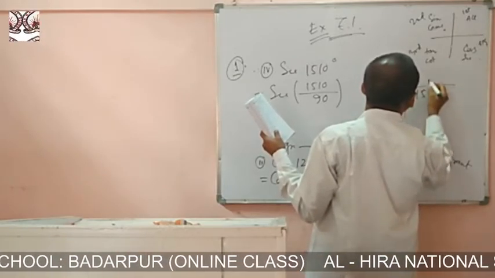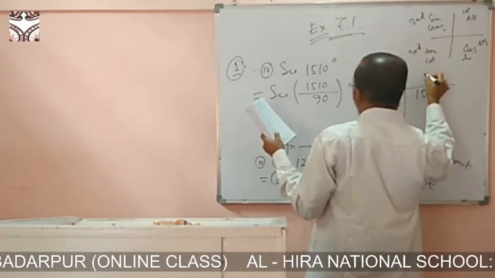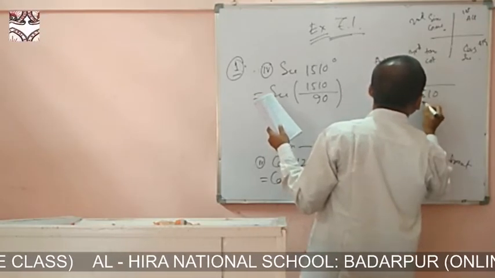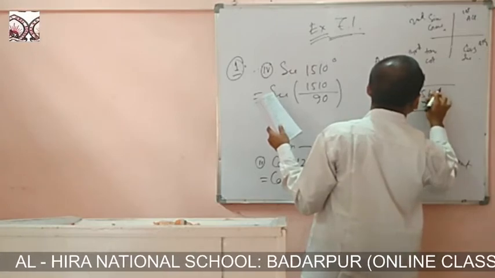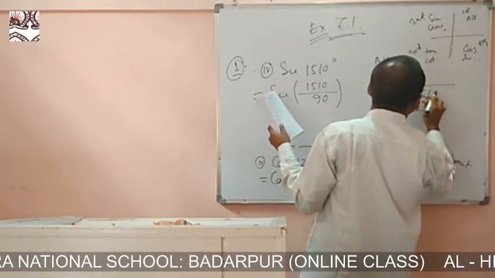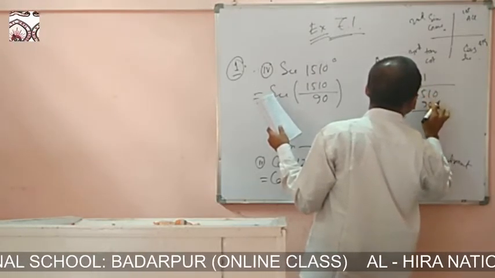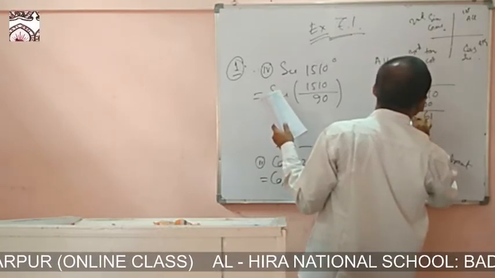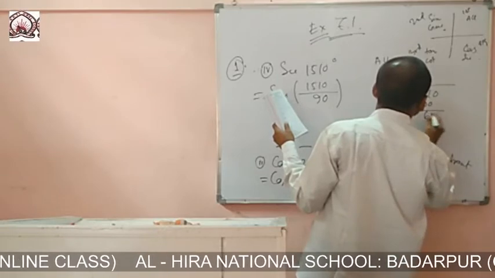So 90 goes 1 time. Then this will be 90. So 1 minus 0 is 1, and 15 minus 9 is 6, 1, and then 0.